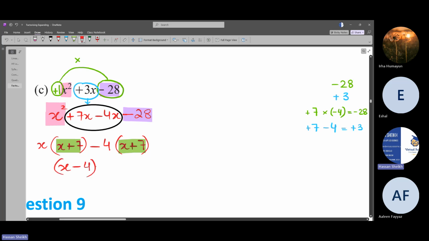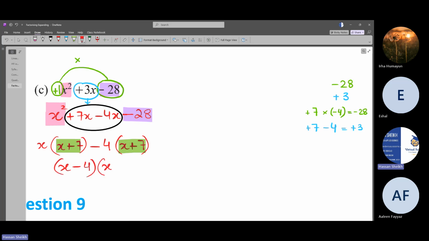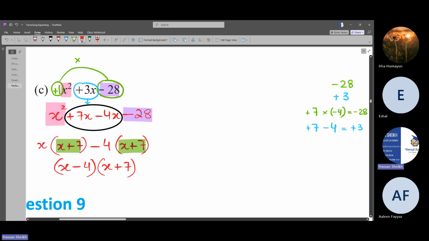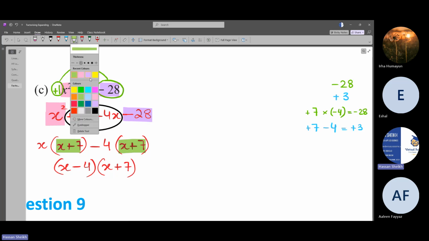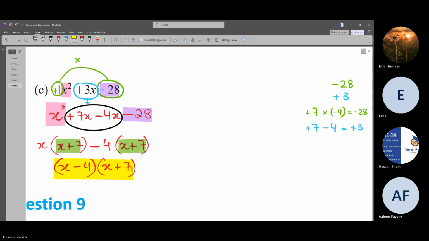And then we take one factor as x minus 4 and the other factor as x plus 7. This was an expression, and that's why you can't go further. For an expression, you can only simplify it. You cannot solve.